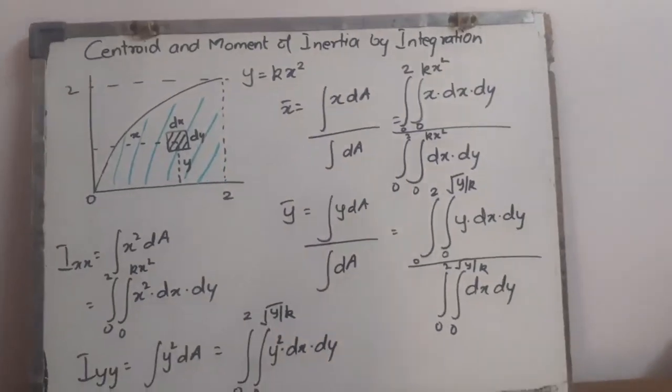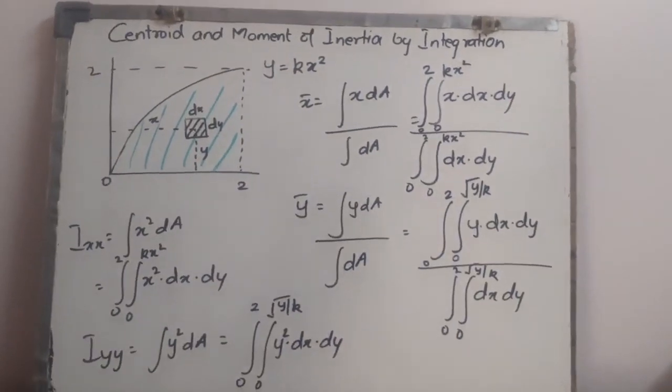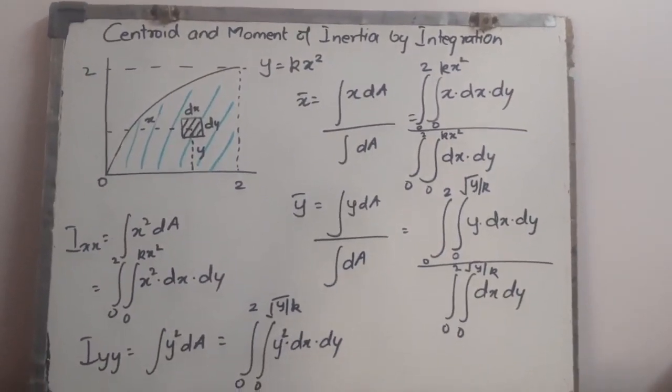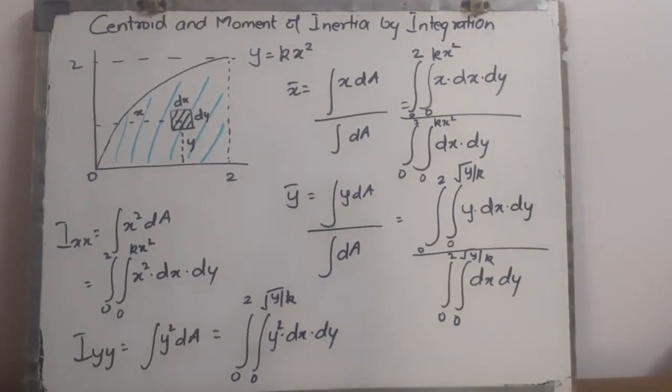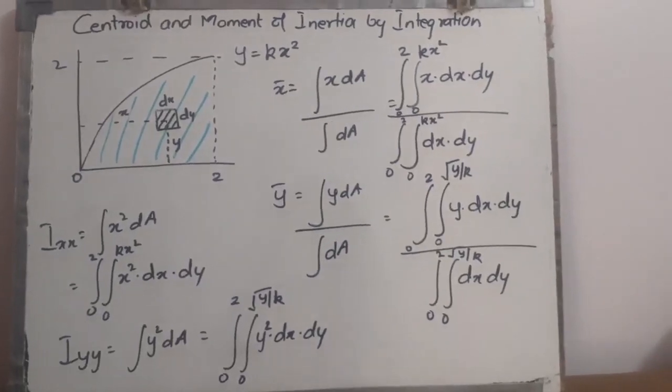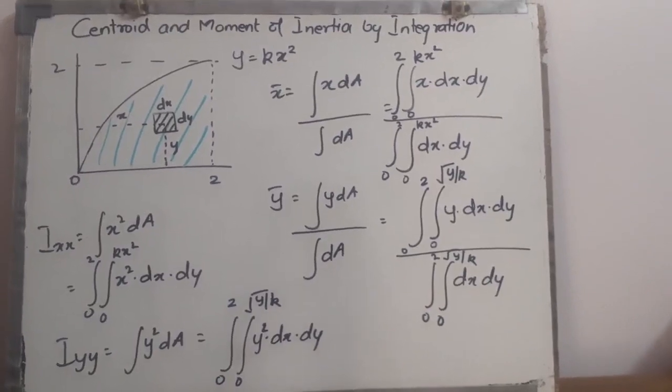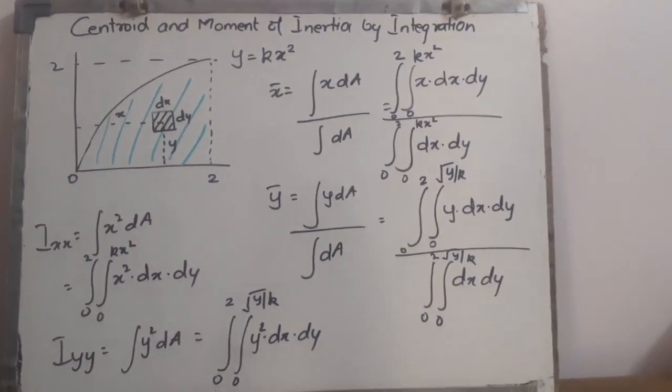So now let us see how to determine the centroid and moment of inertia by the integration method. Now the integration method is applicable where you don't have standard entities and you generally have surfaces or areas bounded by certain mathematical relationships.